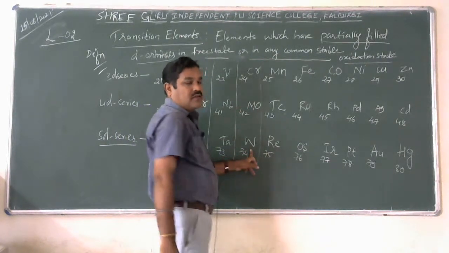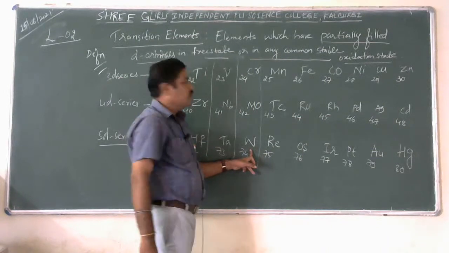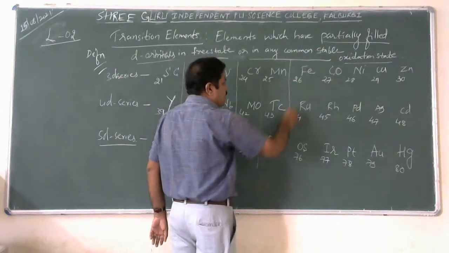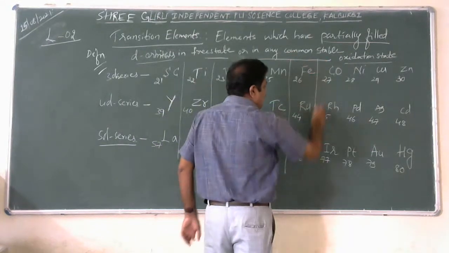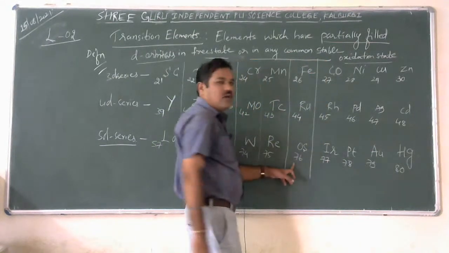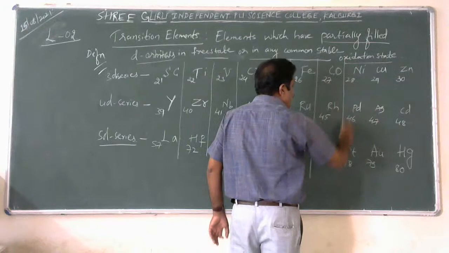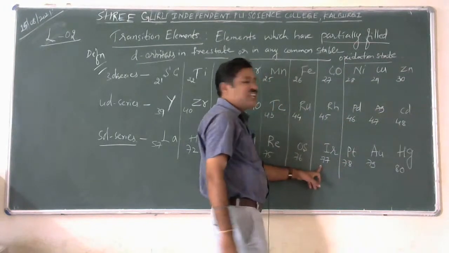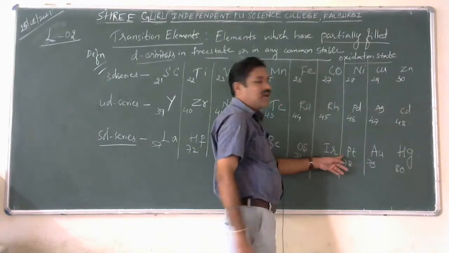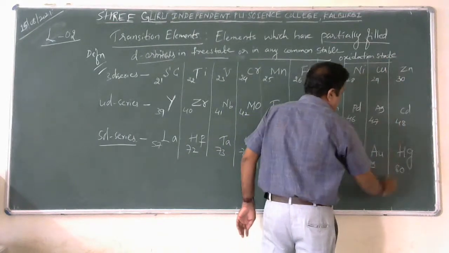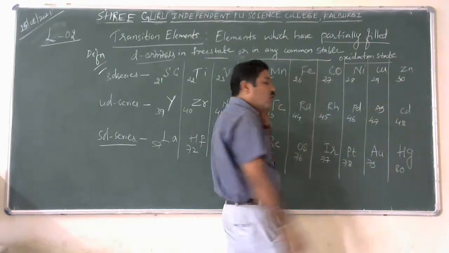That is derived from Latin name wolfram. Okay, then manganese, technetium, rhenium, iron, ruthenium, osmium, cobalt, rhodium, iridium, nickel, palladium, platinum, copper, silver, and gold.